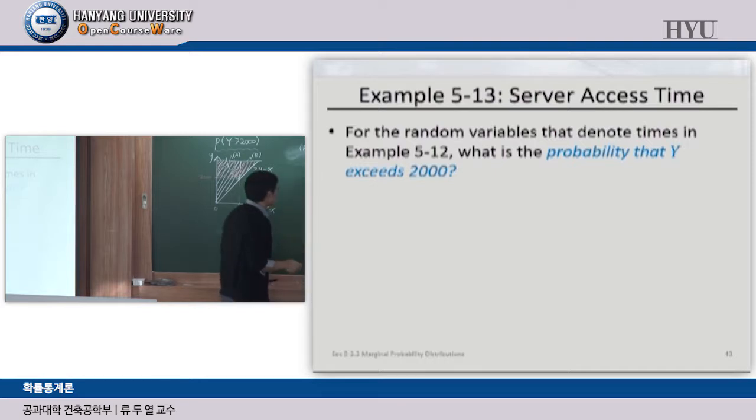Okay? And this can be rewritten as 6 times 10 to the minus 6 times exponential minus 0.001x times minus exponential minus 0.002y over 0.002, from 2000 to infinity. Okay?